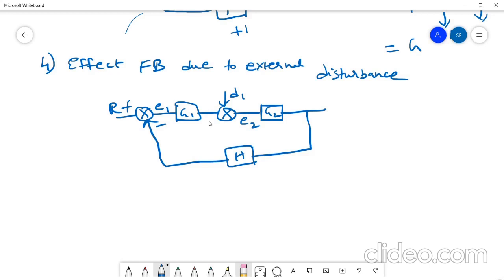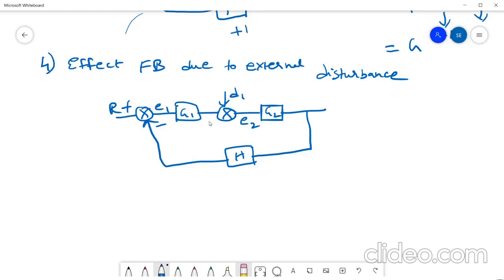The effect of feedback gain H, with G1, G2 and H, how is it actually affecting the disturbances? If your disturbance effect is higher, which is in the numerator, you can compensate for it by manipulating the feedback gain H, right?